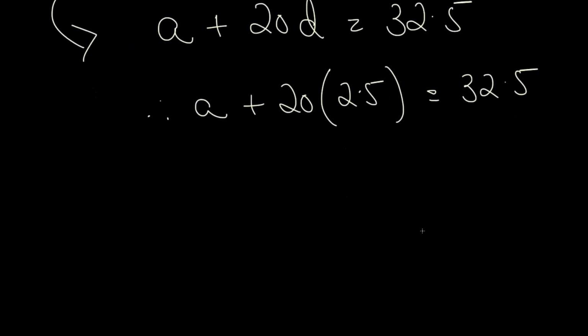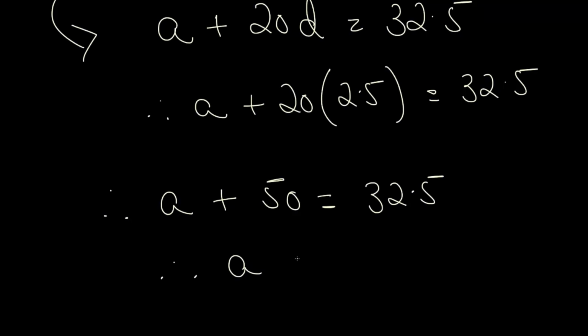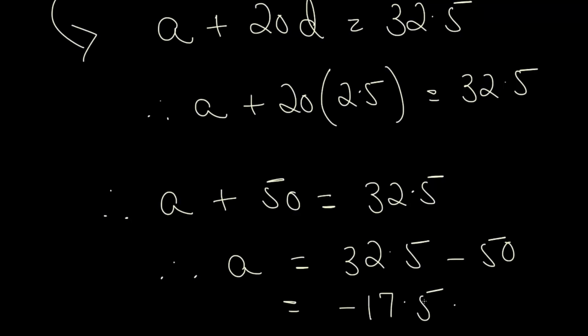What is 20 times 2.5? It is 50. Therefore, A plus 50 equals 32.5. Therefore, A must equal 32.5 minus 50, which equals minus 17.5.